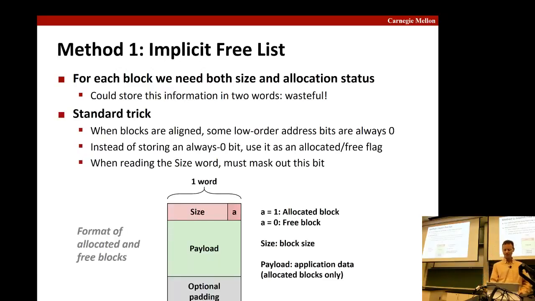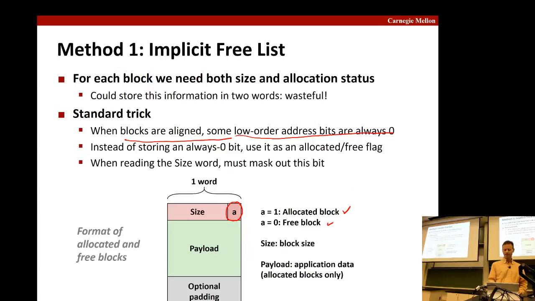Because of alignment, right? When the blocks are aligned, some low-order address bits are always 0. And so you treat them as being 0, and you use the fact that they're 0 to squirrel away a bit, say 0 for free and 1 for allocated, in that space.